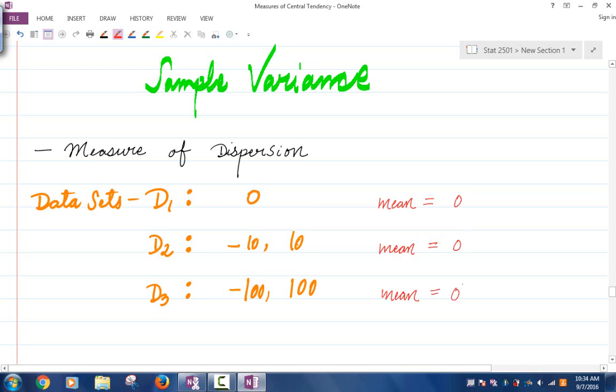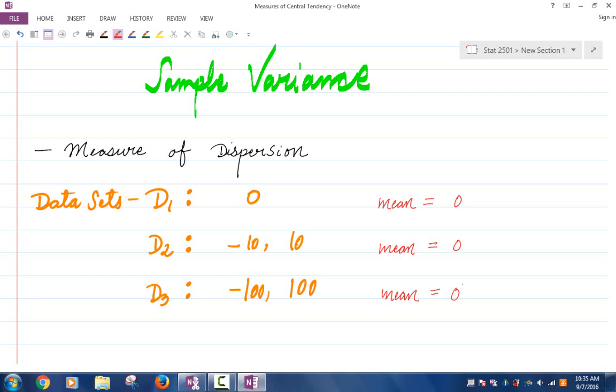So how would you differentiate among the three data sets? Obviously, these three data sets are quite different. So the sample mean by itself isn't enough to summarize the data. The sample mean or the median isn't enough to summarize the data that I have here.